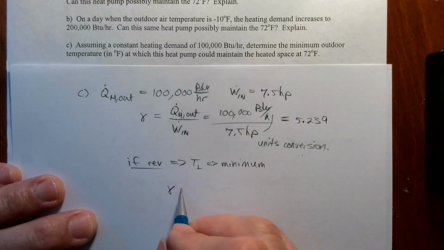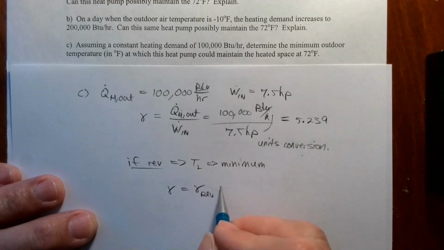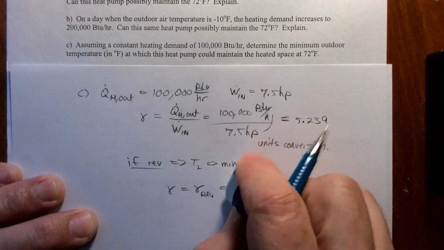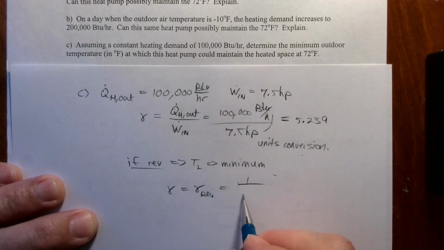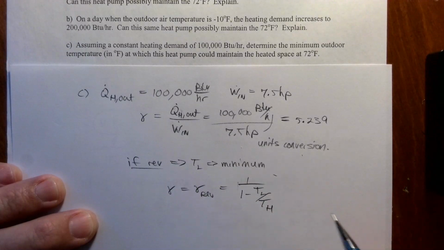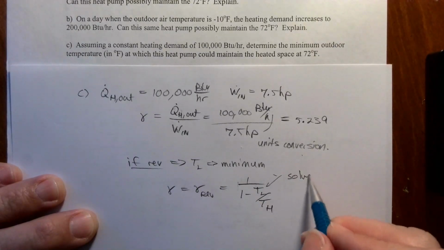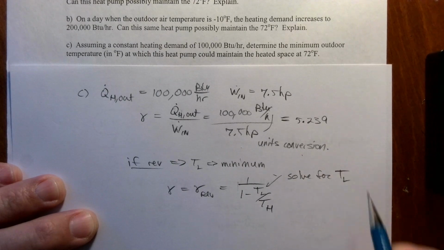Alright, so we're going to say gamma is equal to gamma reversible, so that is 1 divided by 1 minus TL over TH. And then we're going to solve for TL.